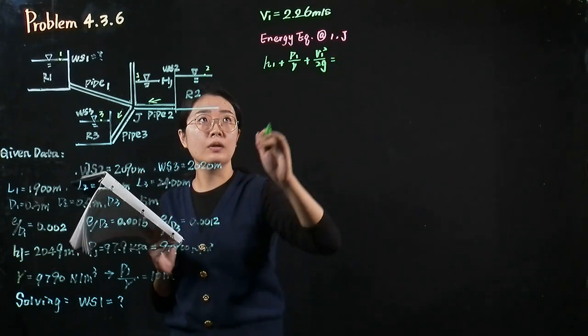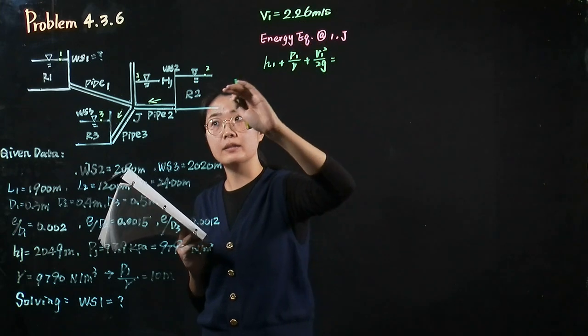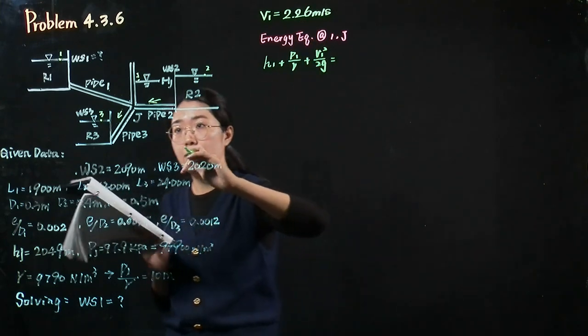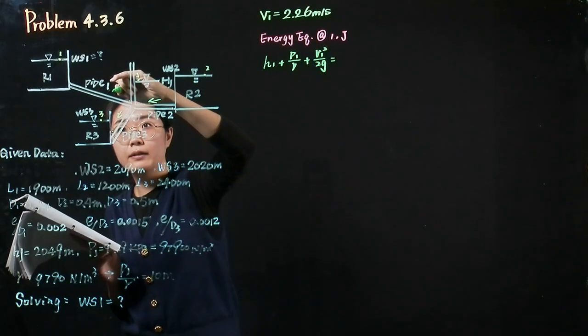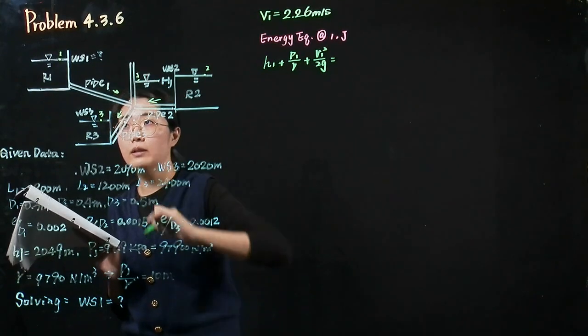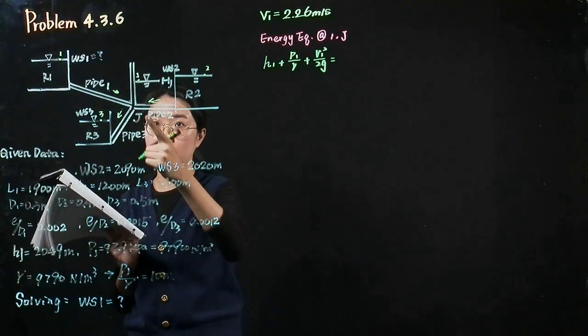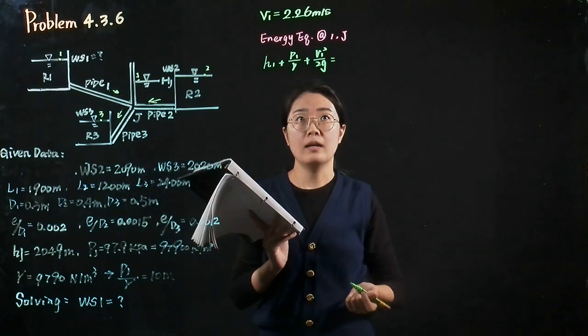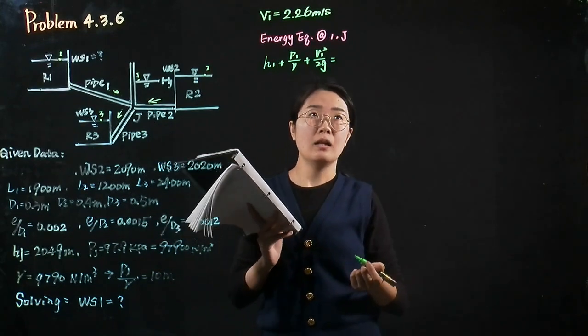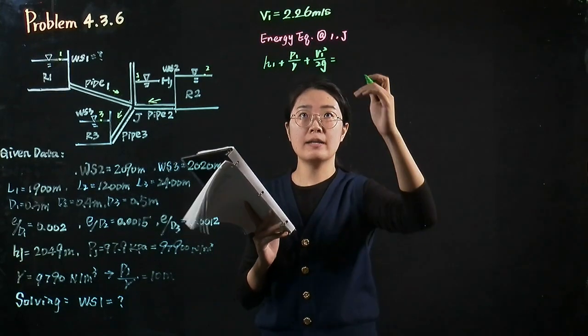Because the flow we just calculated is a positive value, the water flows from the reservoir 1 to the joint point J, and then we should add a head loss term on the right hand side.